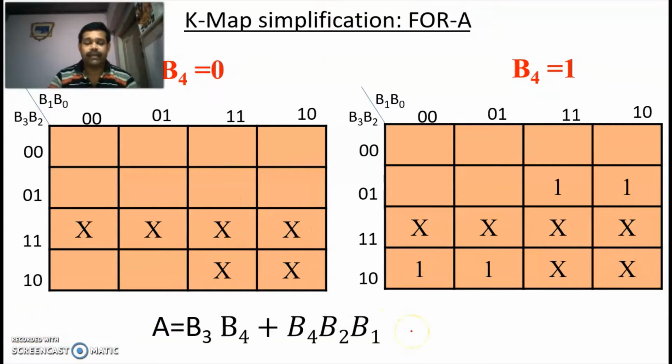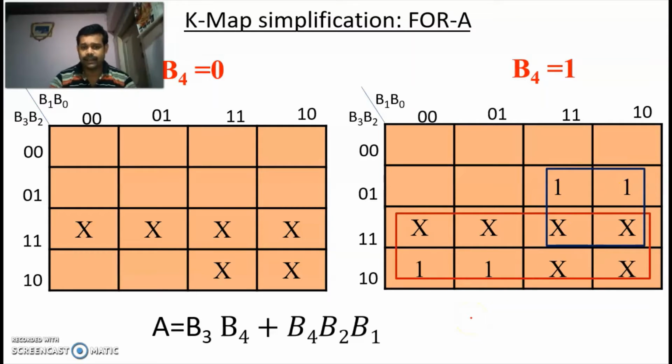Now after that we are plotting the ones. We have 4 ones and we have plotted them. We are grouping like this.